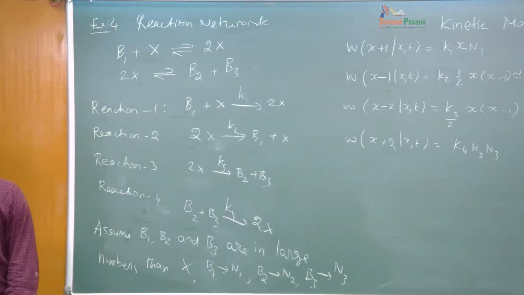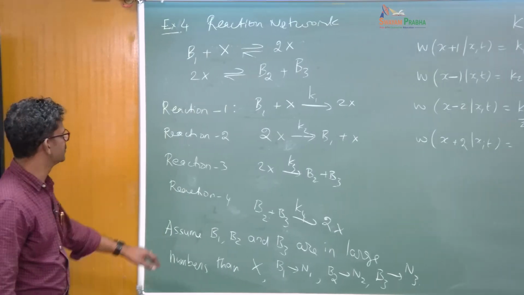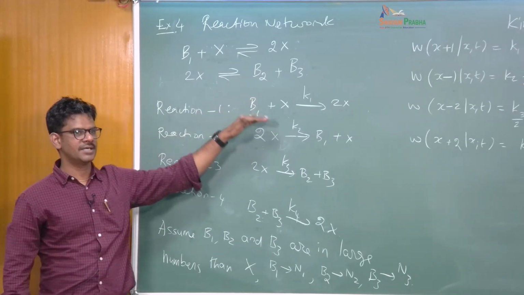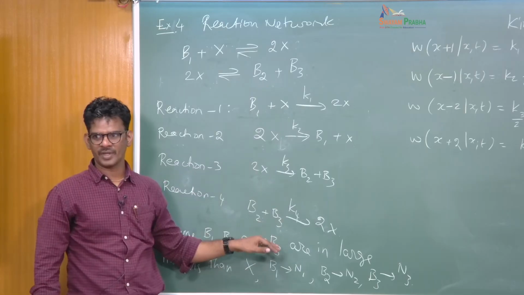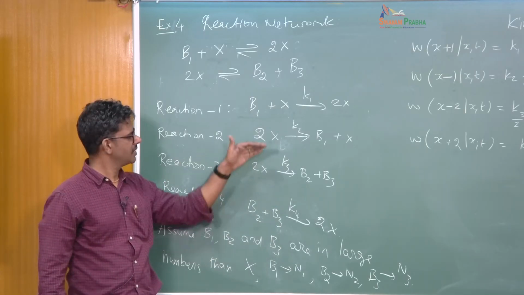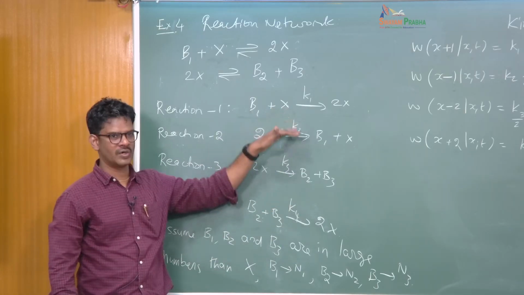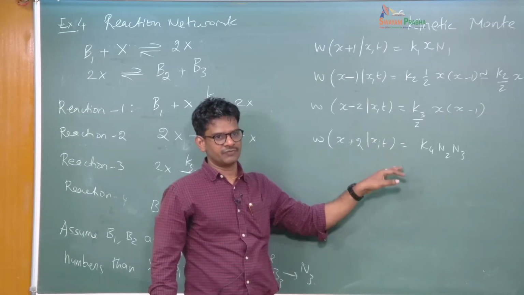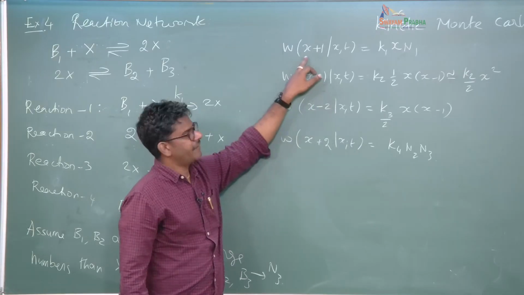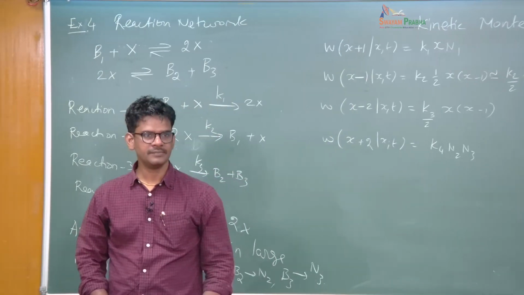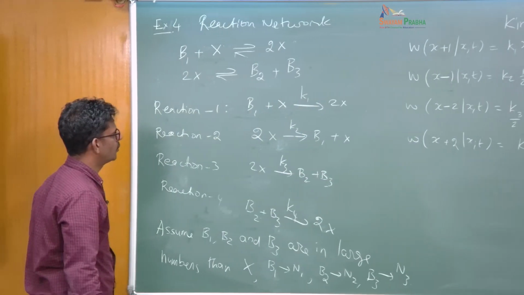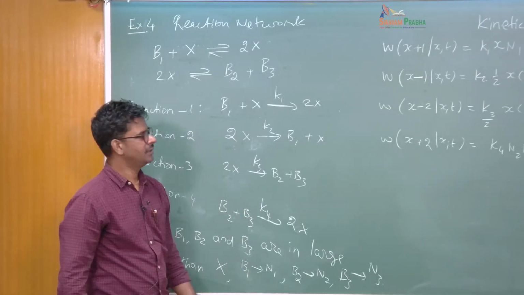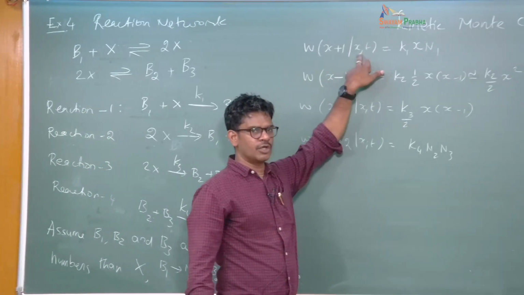So when you have a reaction network like this, what you need to do is write up independent events like this, where you separate the forward and backward reactions based on the rate constant. The next thing is to write the rates for each of these, also identifying how the changes are happening. Suppose you want to include B1, B2, B3 also, we have to have additional arguments here.